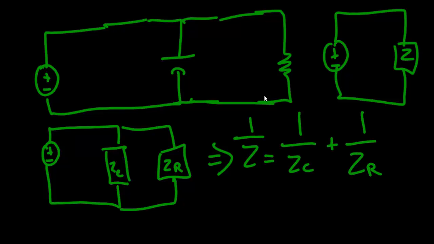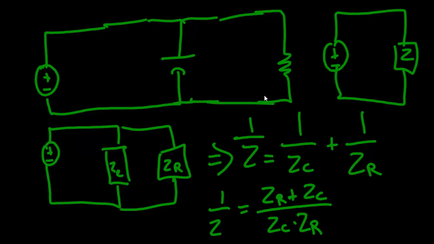Now, to combine them, you would multiply this so that 1 over Z is equal to ZR plus ZC over ZC times ZR. Combining fractions, Z is just equal to ZC times ZR over ZR plus ZC. So that would be your total.